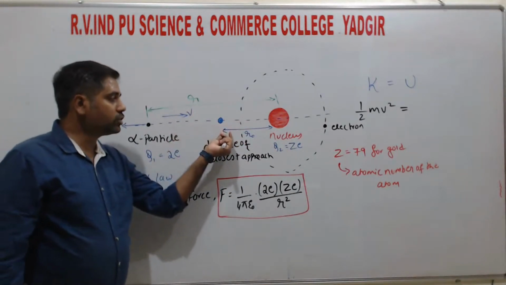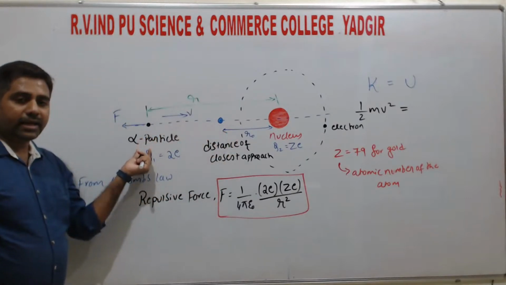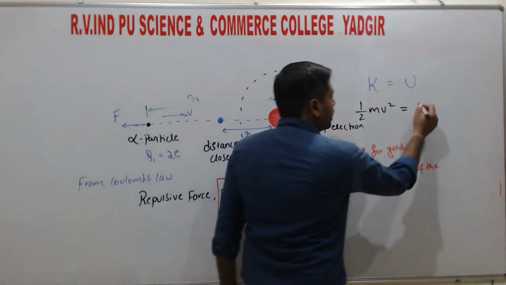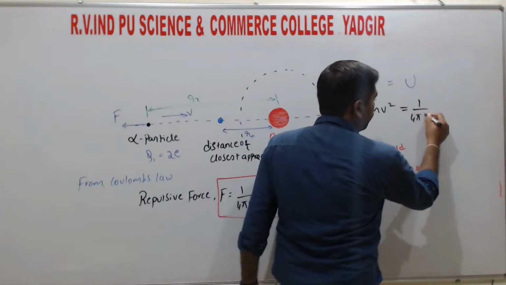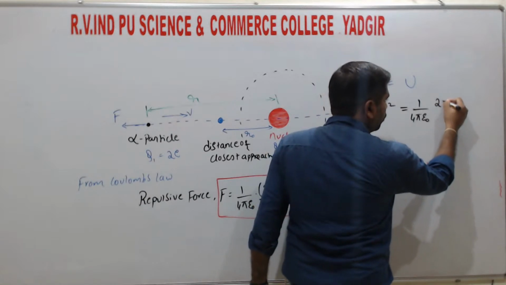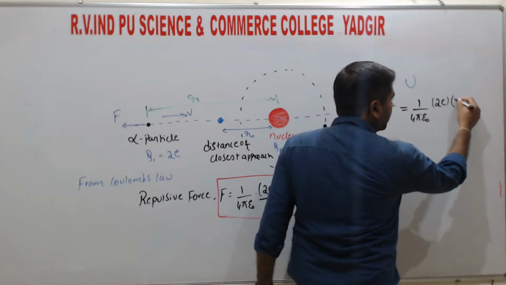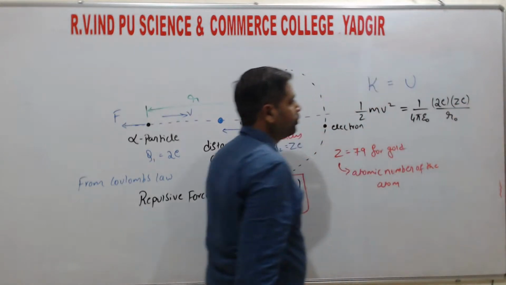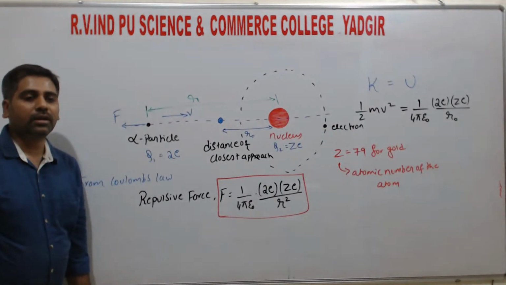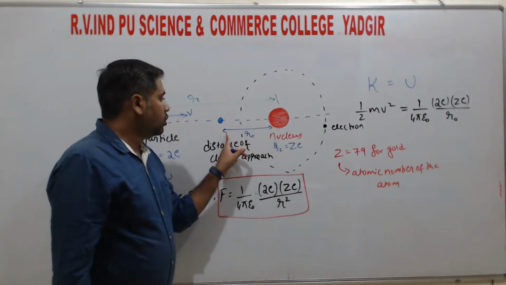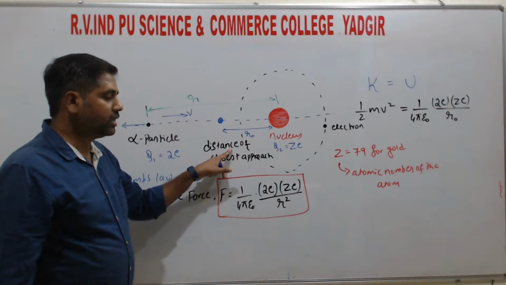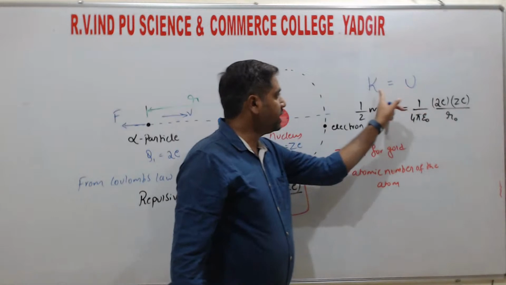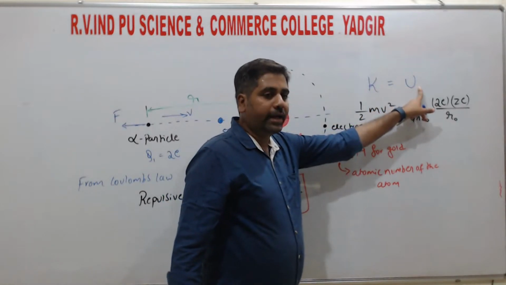As it approaches near, the entire kinetic energy is converted into its potential energy. So we can write 1 divided by 4 pi epsilon naught into q1, that is 2e, into Ze, divided by r naught. That is the potential energy, where r naught is the closest distance, the distance of the closest approach. At this position, the entire kinetic energy is converted into its potential energy.